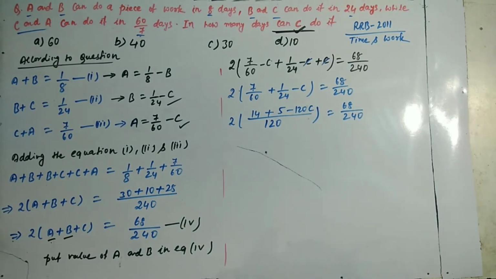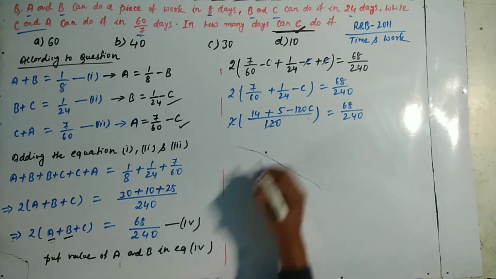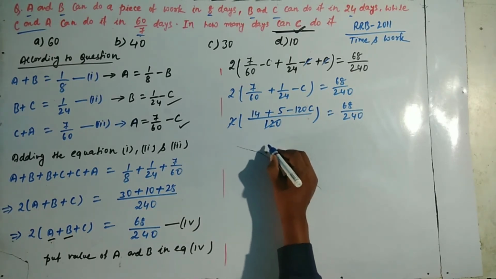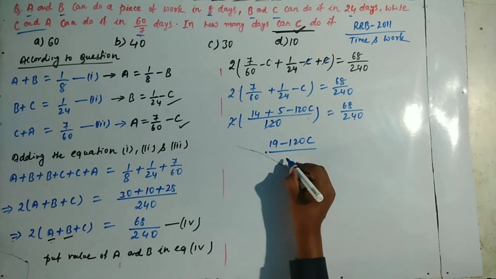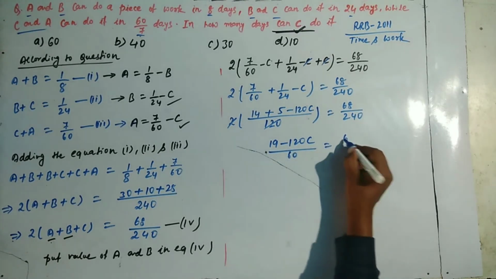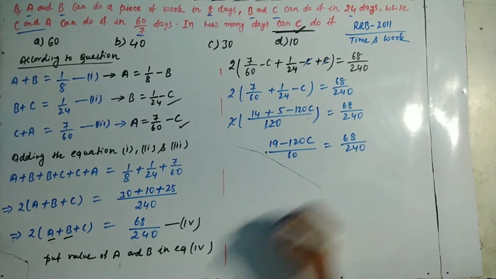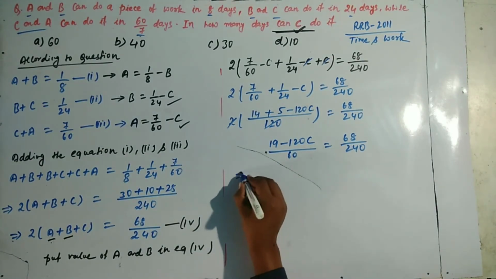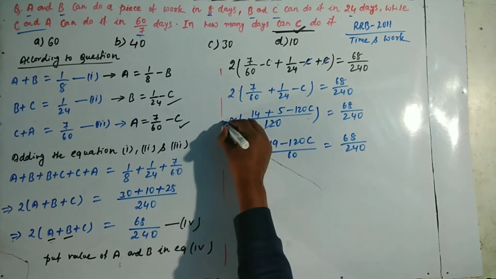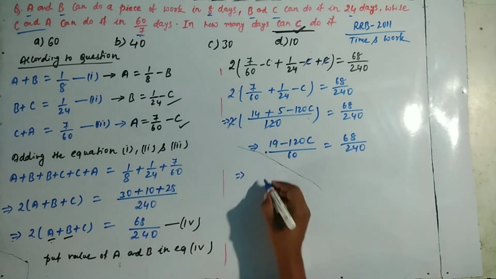Now add 14 plus 5, and the 2 and 120 cancel each other. Then 19 minus 120C by 60 equals 68 by 240. After that we do the cross multiplication.